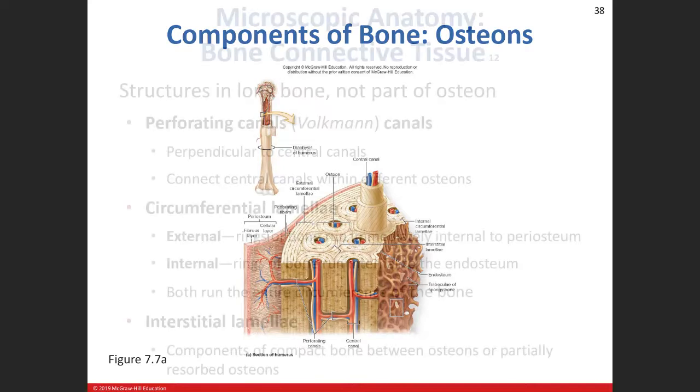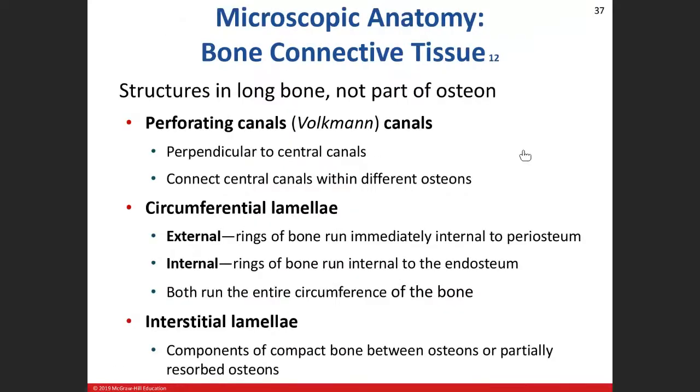And there's one more type of lamellae you need to know, and that's the interstitial lamellae. Now this right here is an incomplete lamellae. It could be because as the bone was growing, we're making bone and then we're resorbing bone, breaking bone down. So sometimes we don't finish the project.